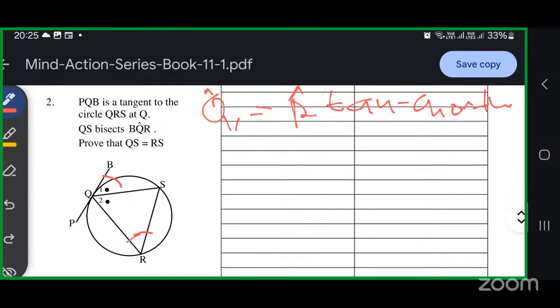And then now what can we do to move on? And now what else can we do to proceed with the question? I think Q2 is equal to R. Okay, Q2 is equal to R. Reason behind that? Angles opposite equal sides.